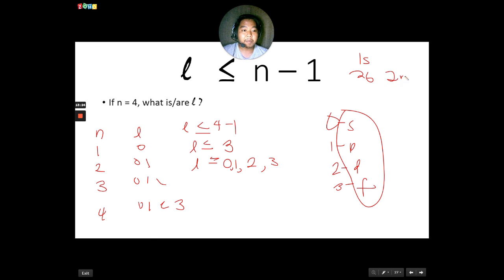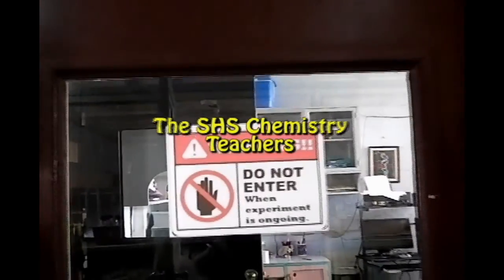That's why we have 2p as our second orbital in the second energy level. As we proceed further, this will become 3s, 3p, and 3d, and then 4s, 4p, 4d, and 4f. We can actually build the electron configuration and follow the Aufbau principle by using the first two quantum numbers. Amazing, di ba? Hopefully, na-get.